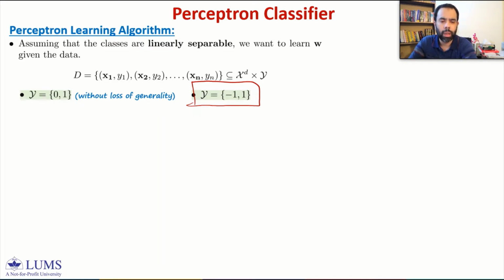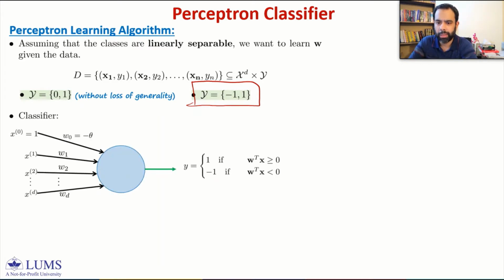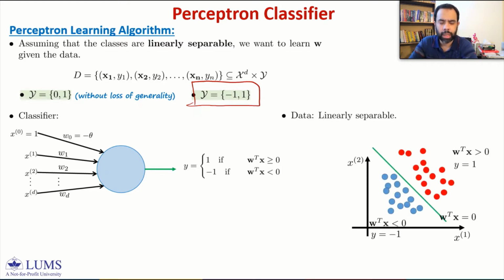We have this perceptron classifier, and we're assuming that we have a data which is linearly separable. So if W transpose X is greater than 0, we choose 1 as a label. If W transpose X is less than 0, we assign -1 to the label.